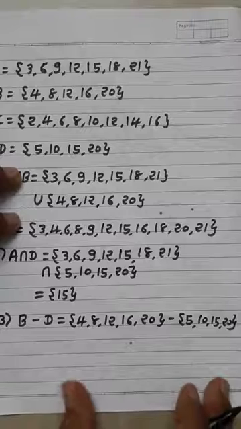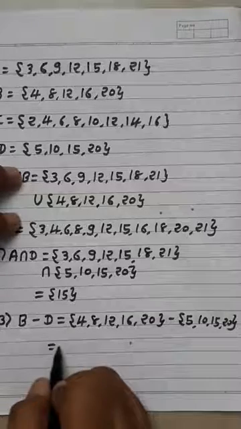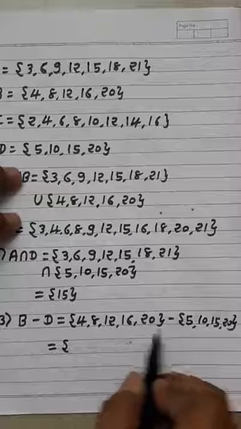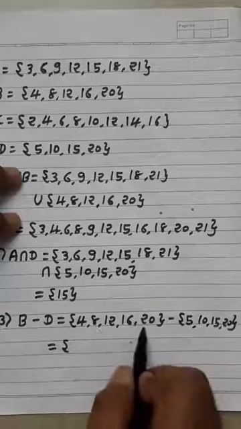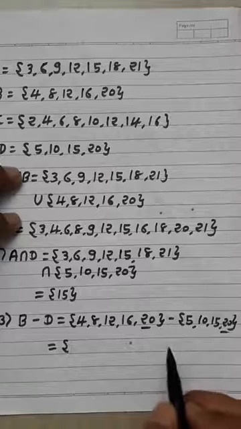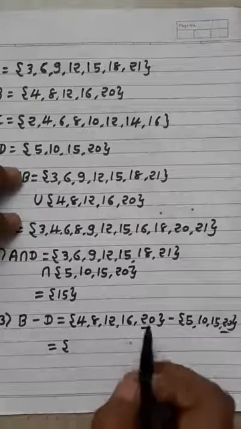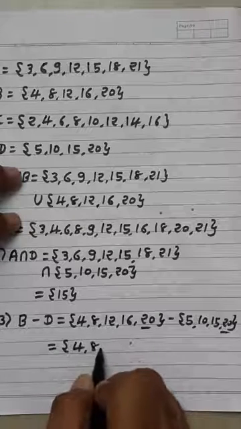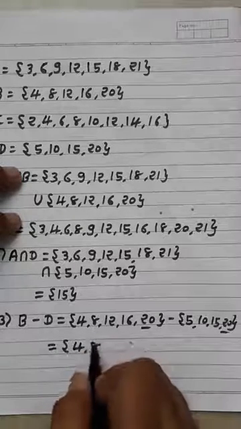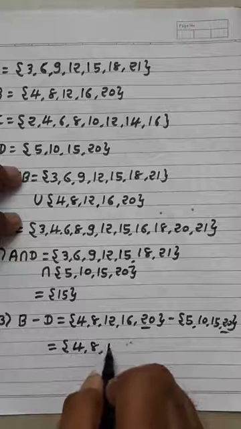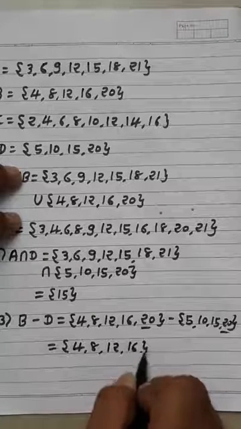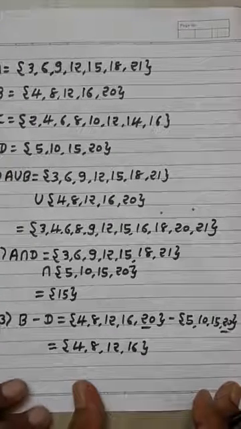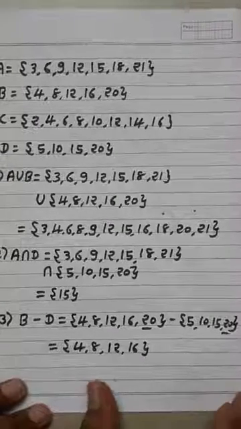Set over. Now for difference, we look at the common element in both the sets. So here which element is common? 20 is common in both the sets. So our answer is the remaining elements of set B, so B difference D is equal to 4, 8, 12, 16.